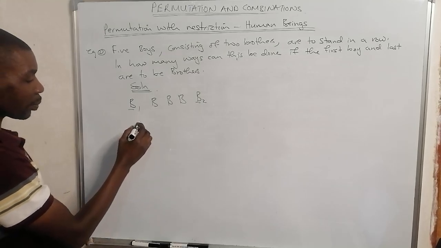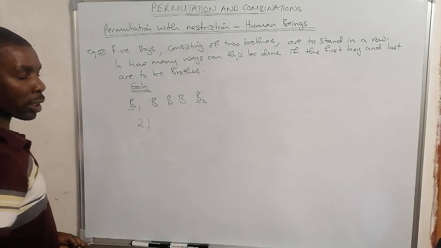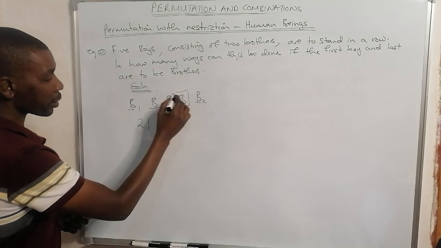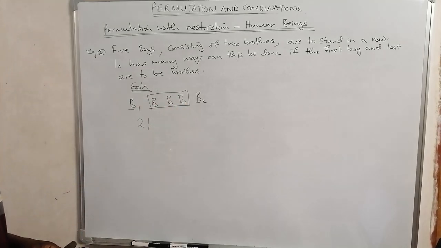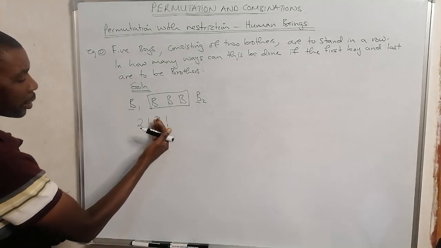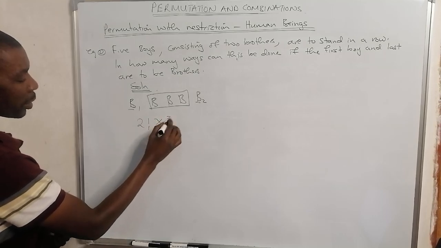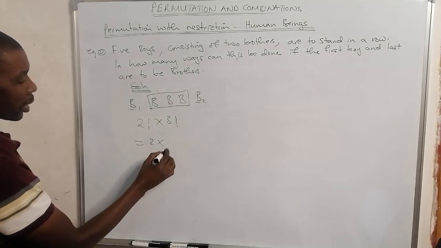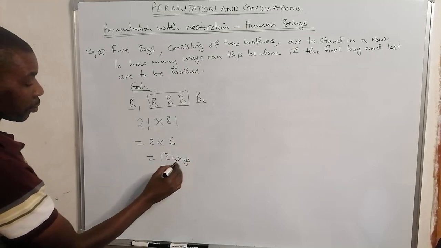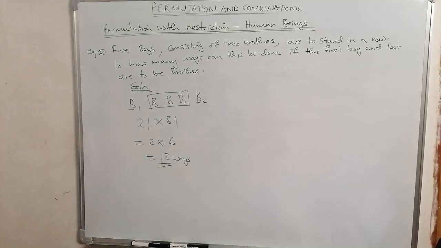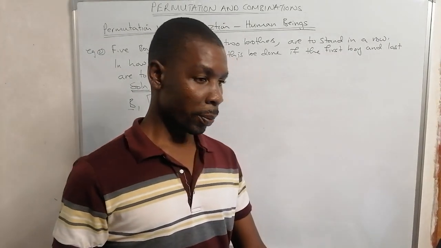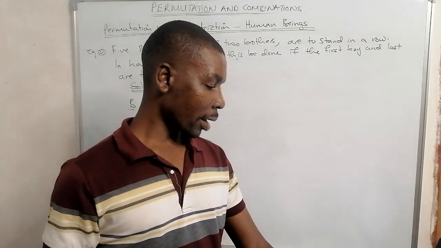The other boys left can be arranged in 3 factorial ways. So we multiply 2 times 3 factorial, that's 12 ways. This is how we arrange these boys so that we have brothers at the first and the last.